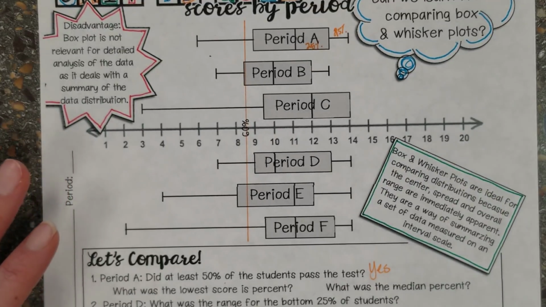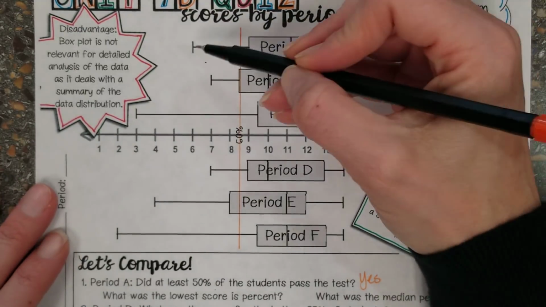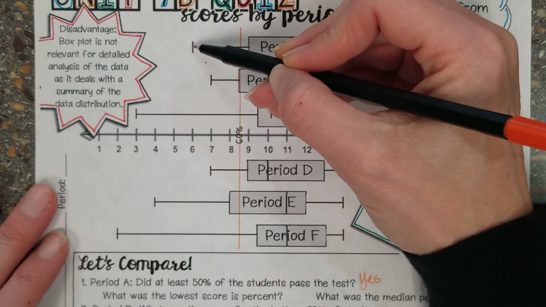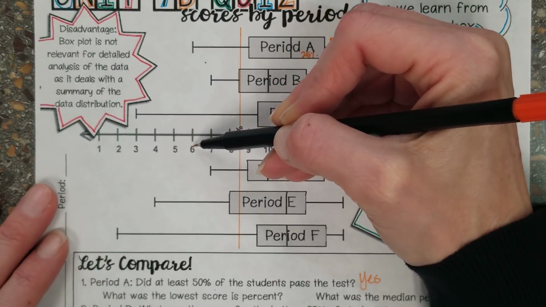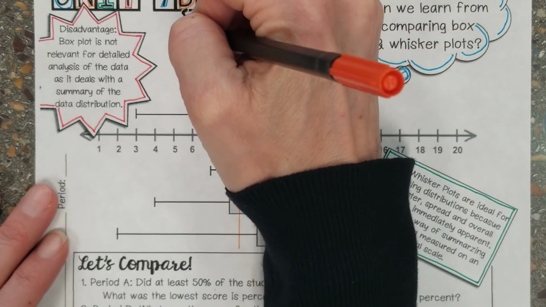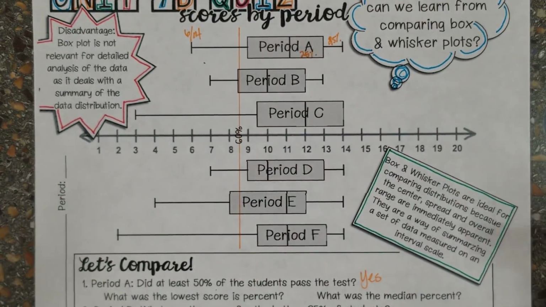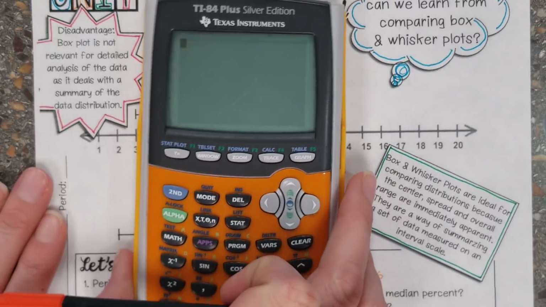Okay, so in order to figure that out, we first have to figure out what was the lowest score. The lowest score, remember, is our minimum. Our minimum is right here at the edge. So if I bring that down, you can see that 6 was my lowest score. So they got a 6 out of 14. How do I put that into percentage? Well, take your calculator. This is how I figure out your test scores, just so you guys know.